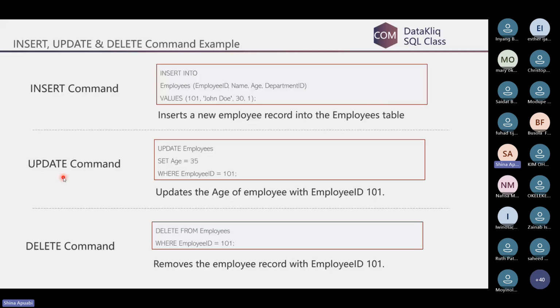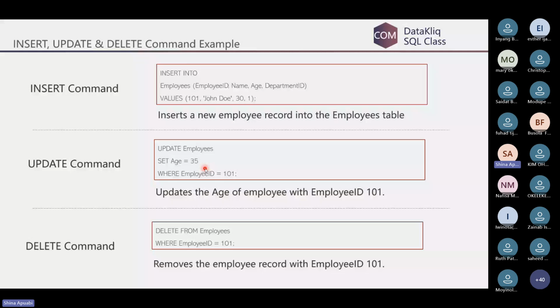So what about the update command? If you are trying to modify existing data, maybe the age is 30 and it's not 30 again, it's now 35. So you will say update the same table. Now you write set age. We know that age is already there, but the new age will be 35.